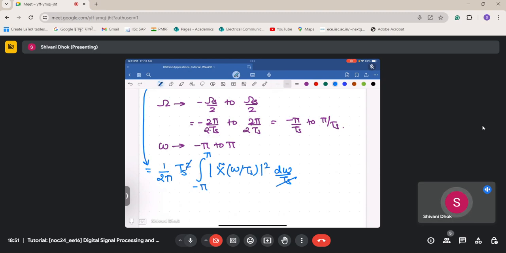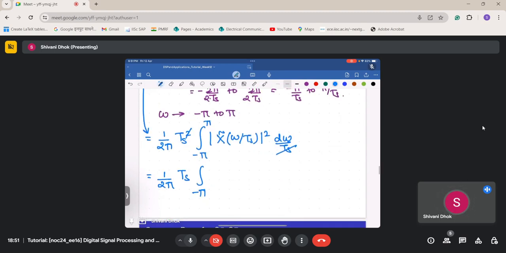This Ts and this Ts get cancelled, so 1 upon 2 pi into Ts into integral minus pi to pi magnitude of X tilde of omega by Ts squared d omega.